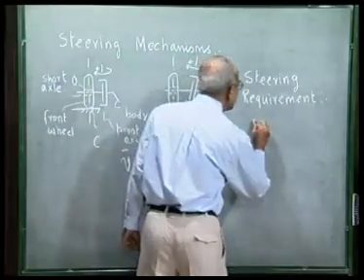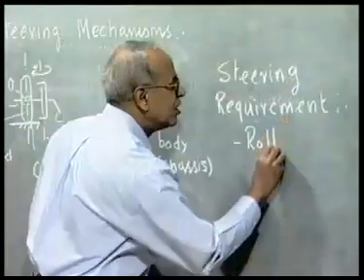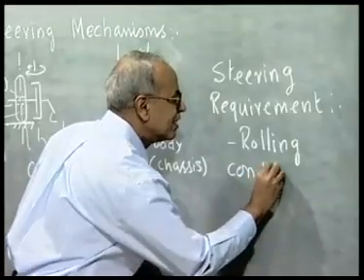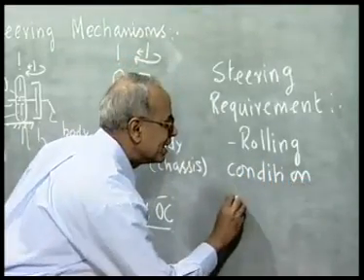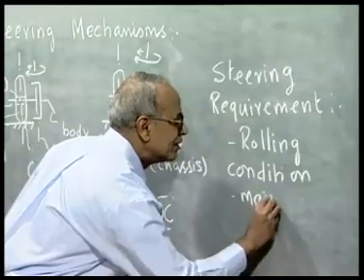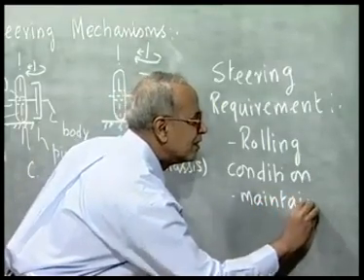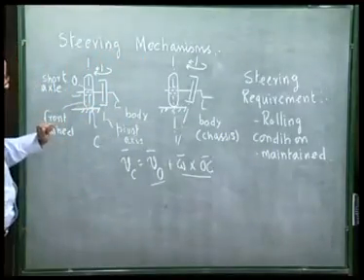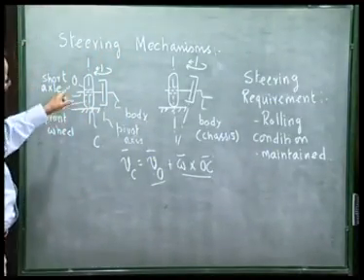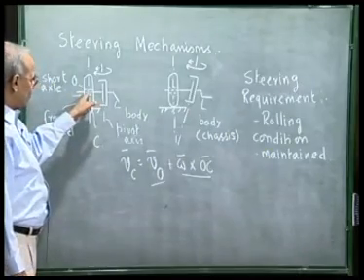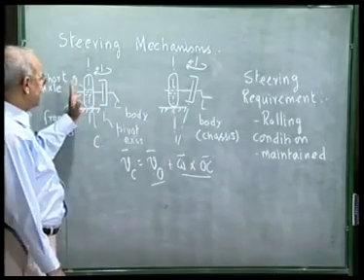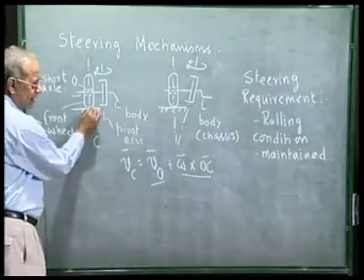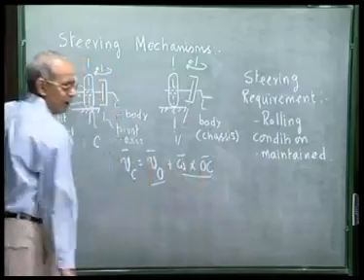Steering requirement is that the rolling condition must be maintained. I hope this is clear, that when the car takes a turn, if the velocity of the center of the wheel does not lie in the plane of the wheel, then there will be velocity of this contact point, because omega cross OC lies in the plane of the wheel.